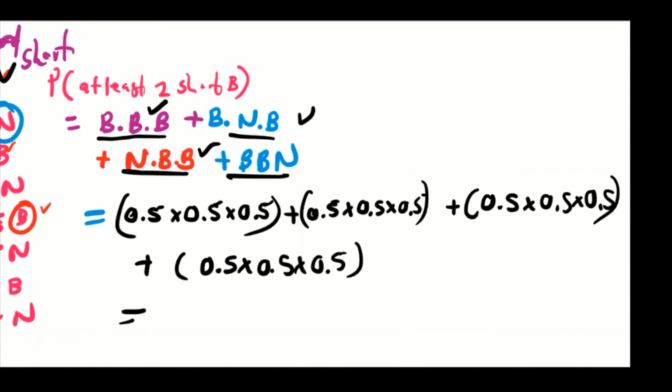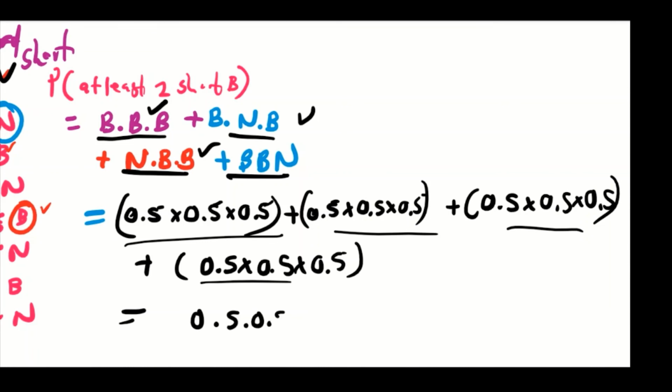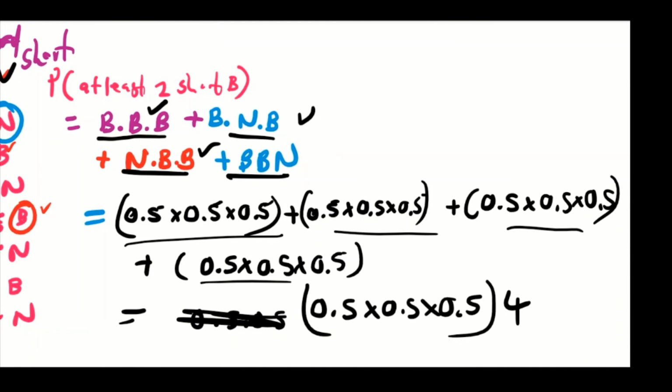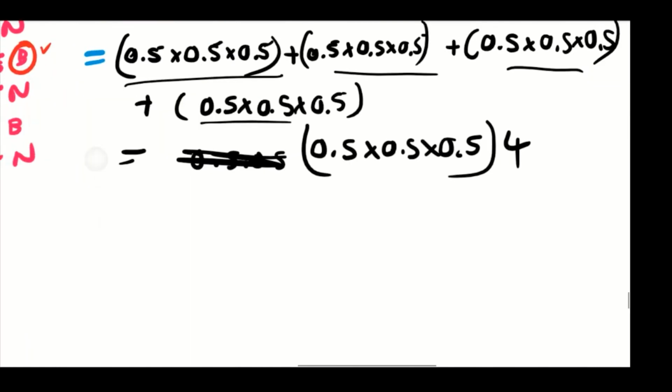Then we add all these products. Let me write it properly: 0.5 times 0.5 times 0.5 multiplied by 4. And the answer that you need to get for this problem is 0.5, right?